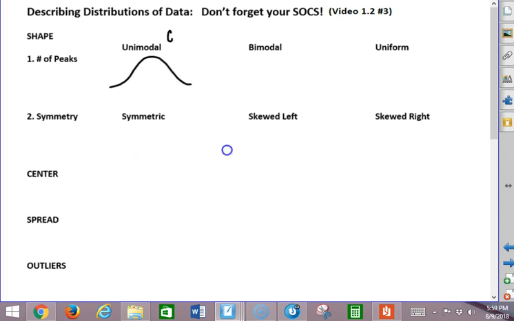So this would be like the golf scores that we talked about. 2 main peaks, bimodal. Something like this. Later on we're going to look at something having to do with lawyers that is bimodal. Uniform means basically straight across.